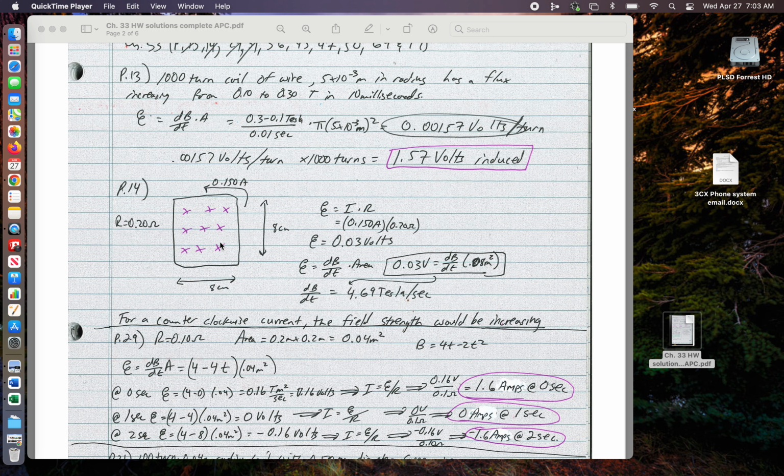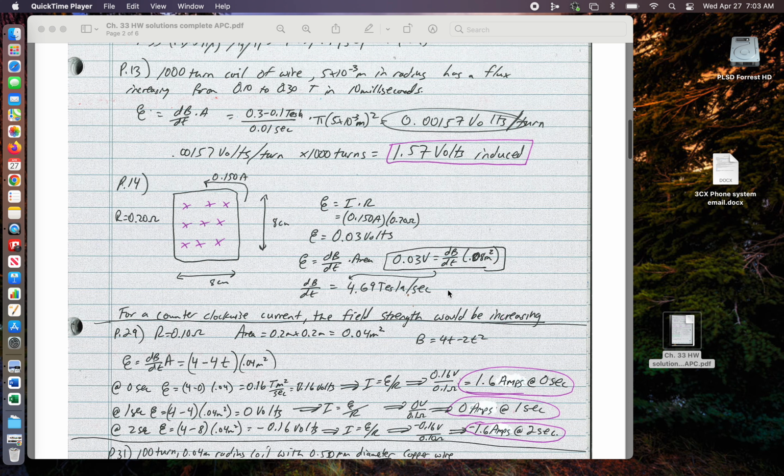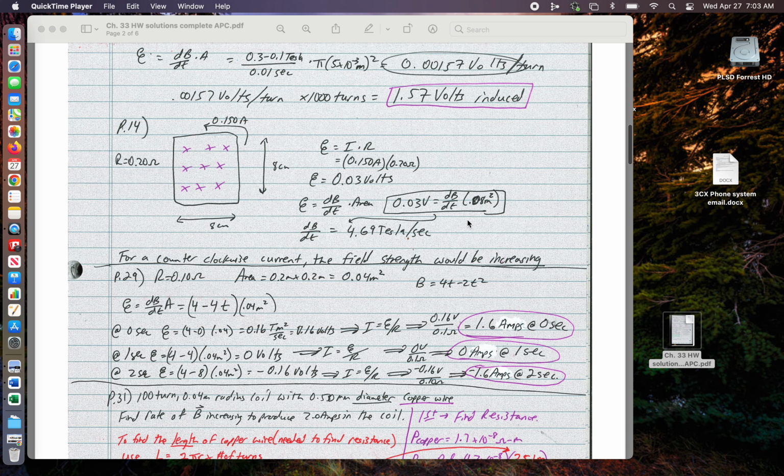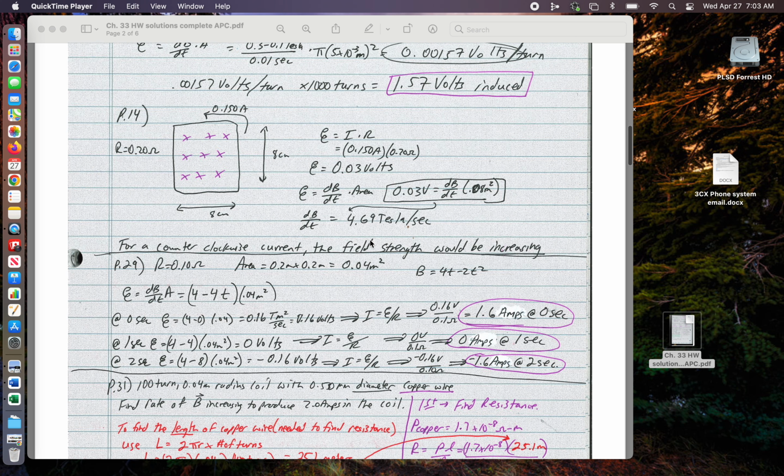So this field strength must be increasing to cause the induced current to be going counterclockwise. I could just use V equals IR to find the voltage. It said there was only one loop, so that's equal to the EMF, and I get around 4.7 Tesla per second.